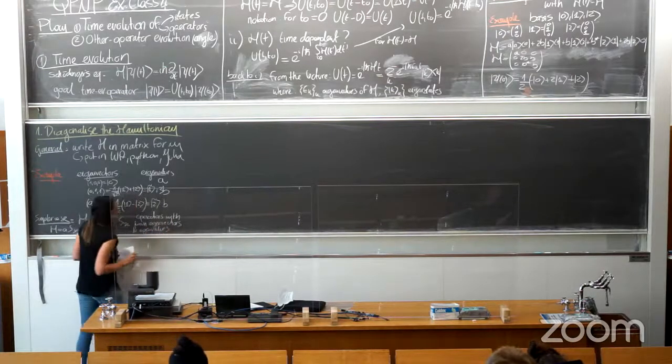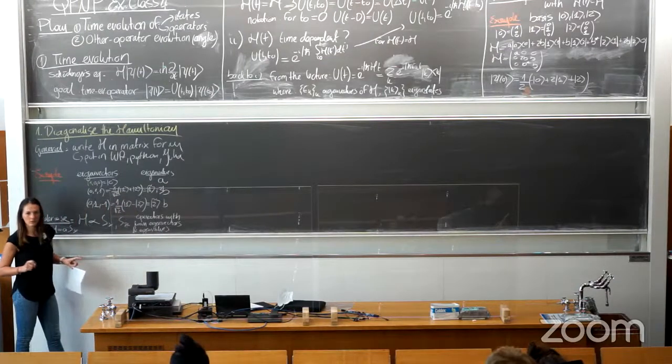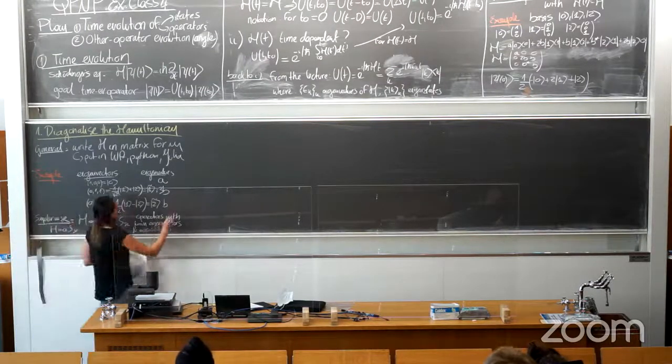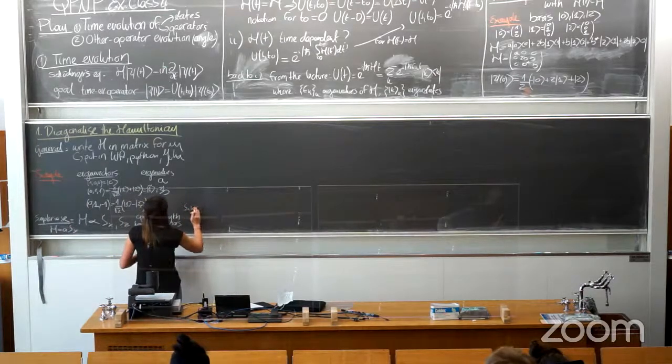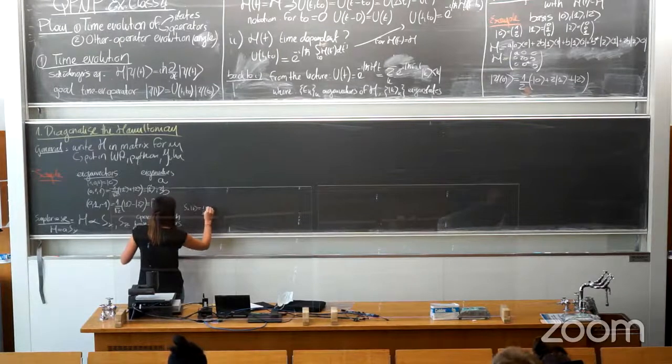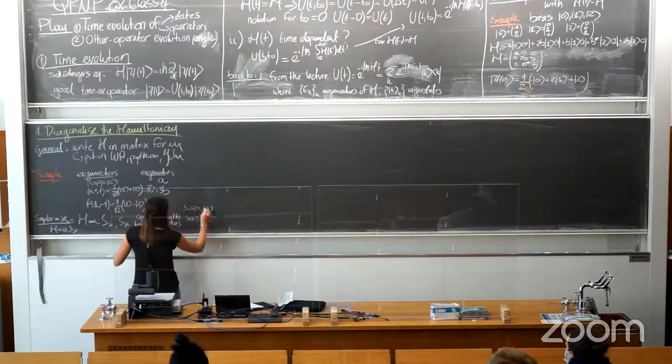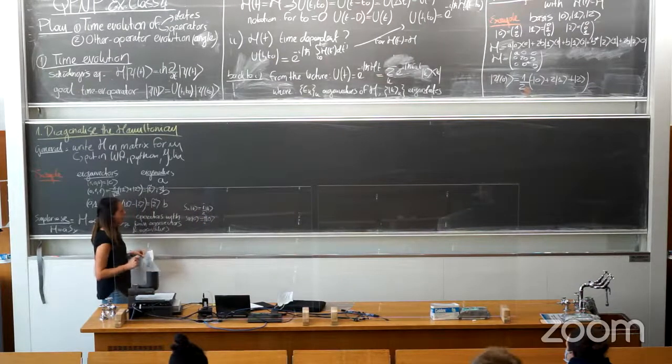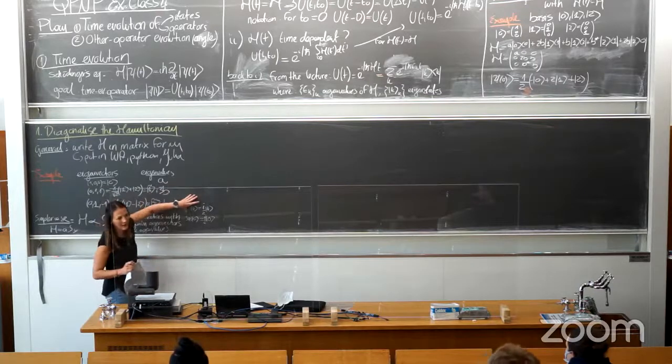This is something you saw in the lecture: Sx acting on 0 gives plus, 1/2 minus, if I remember correctly, and Sz of 0 is 1/2 of 0. Probably there is a constant i, something like this. The idea is just that we know the eigenvalues, so we can diagonalize it straightforwardly.